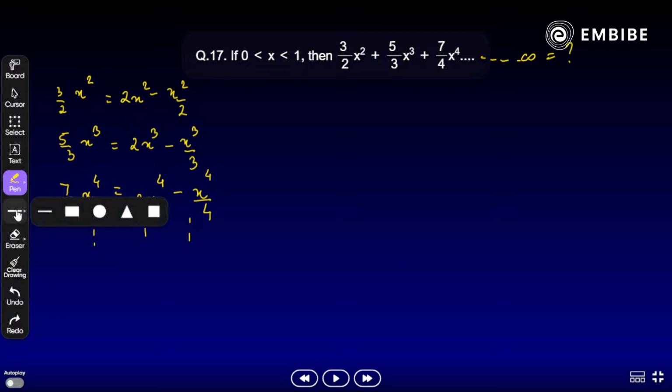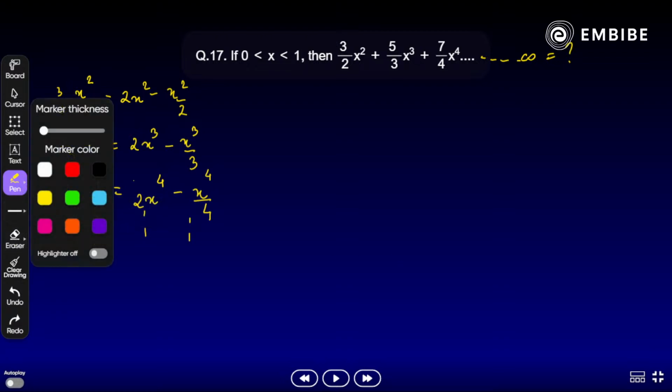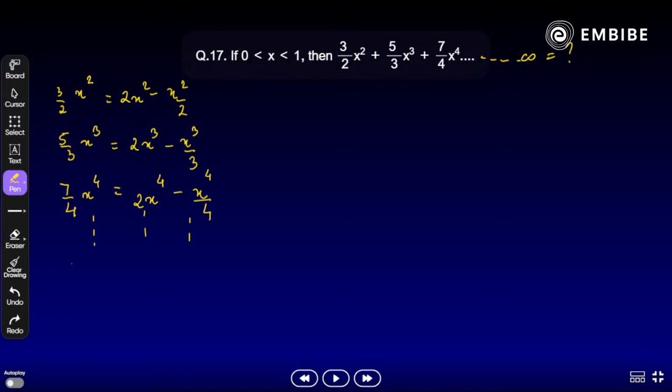So your series will change. I have to write it like this: in all the first terms we have a 2 common. Inside the bracket, what do we have right now? We have x square plus x cube plus x raised to power 4 and so on up to the infinity.